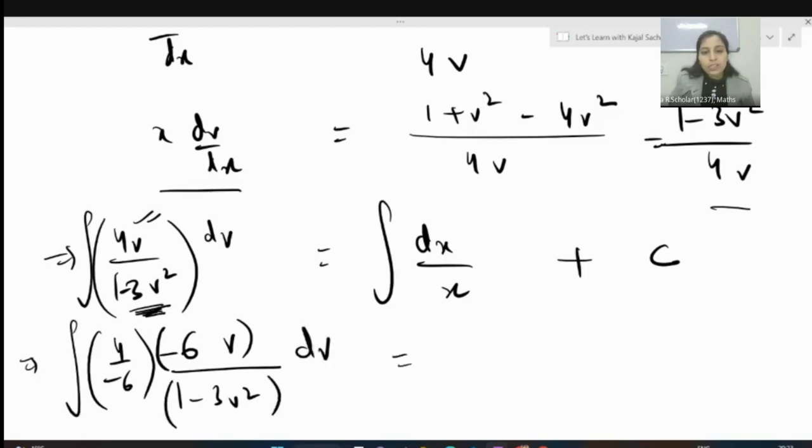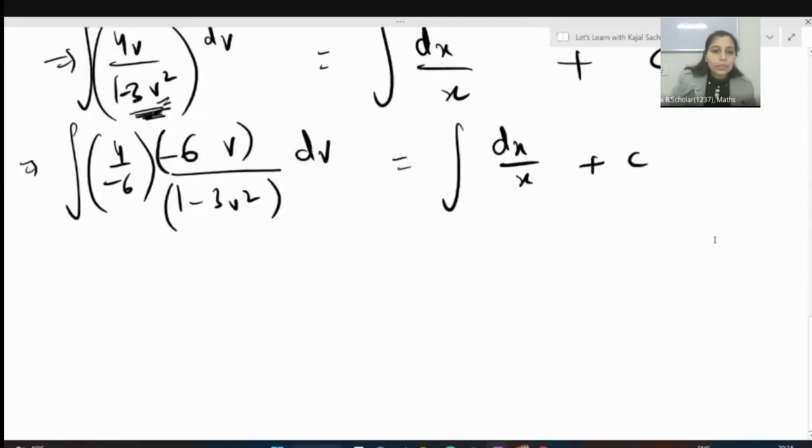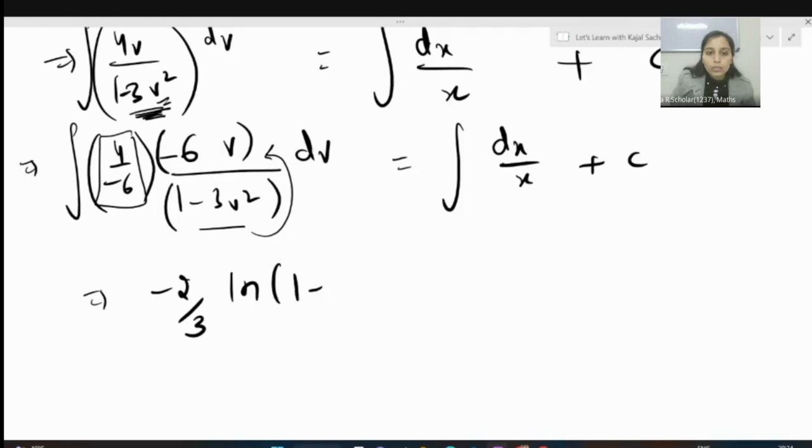This is just a simple criterion. Otherwise, you can substitute v square as t and then simplify as you like. So we get minus 2 upon 3 from here, and this is the differentiation of this. So directly log 1 minus 3v square will be equal to log x plus c.